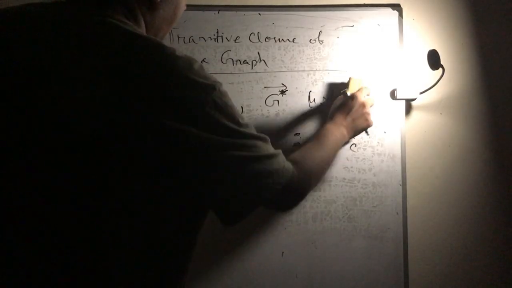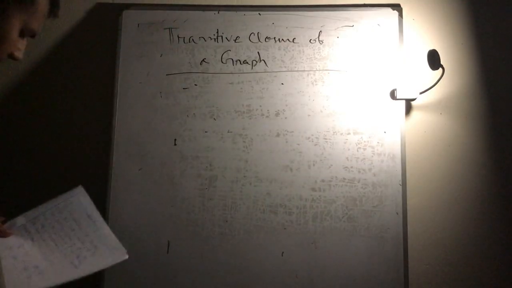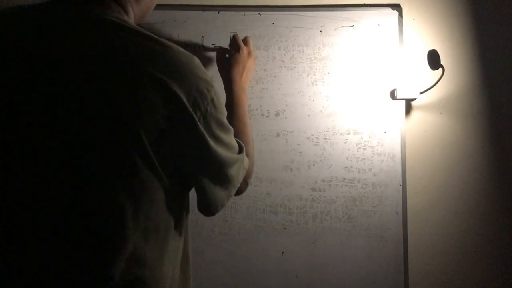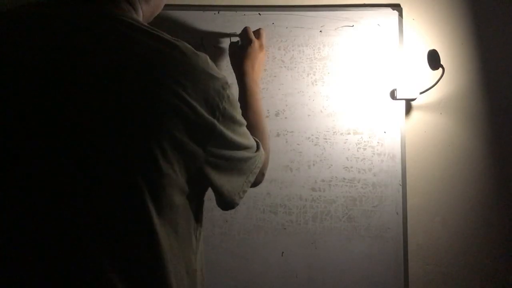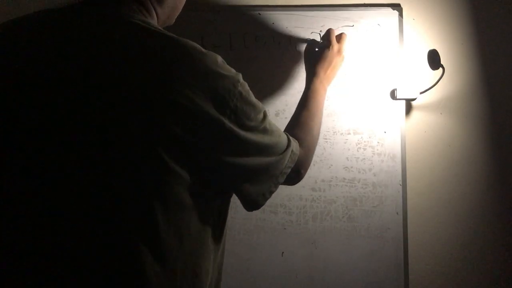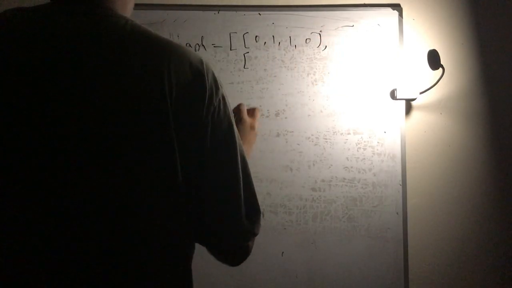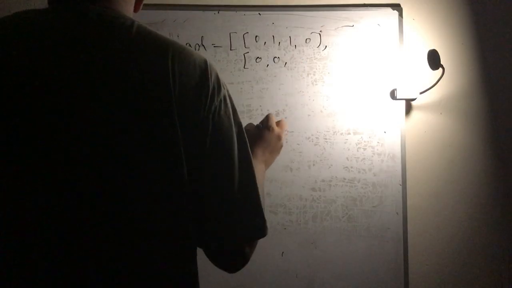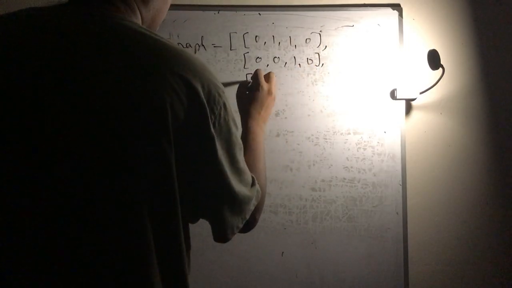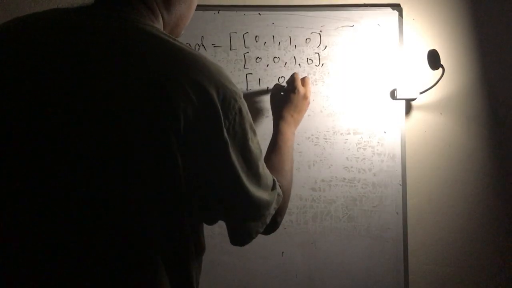Let's see an example. We are given the graph: 0, 1, 1, 0; 0, 0, 1, 0; 1, 0, 0, 1.